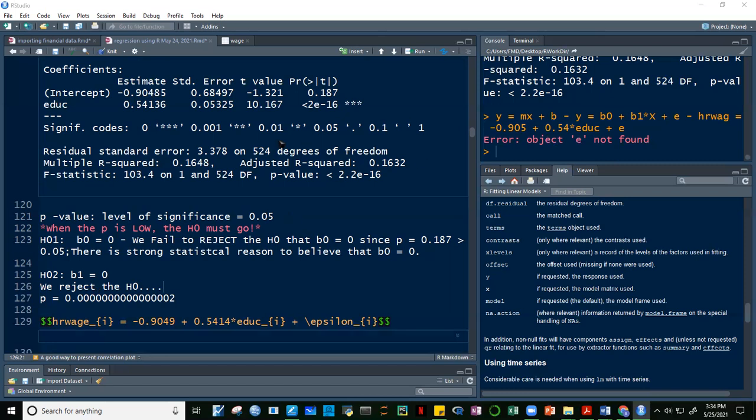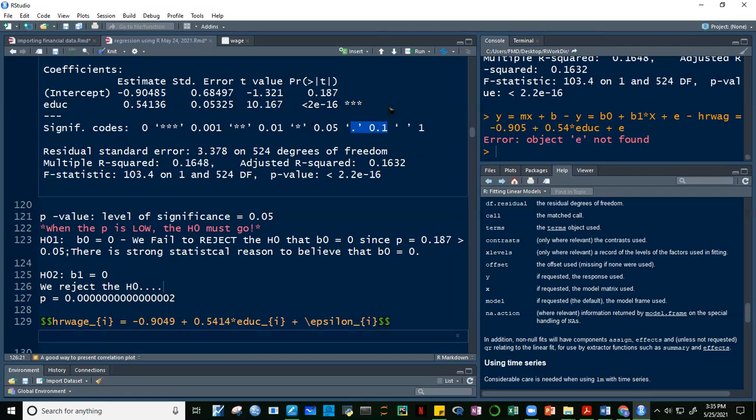Okay. All right. So ito guys, tatlong stars as I mentioned a while ago, it's significant at 0.1%, 0.001. Pag dalawang stars makikita nyo, significant at 1%. Pag isang star, significant at 5%. Pag dot lang, significant at 10%. So, yun yung ginagawa ni R, no?